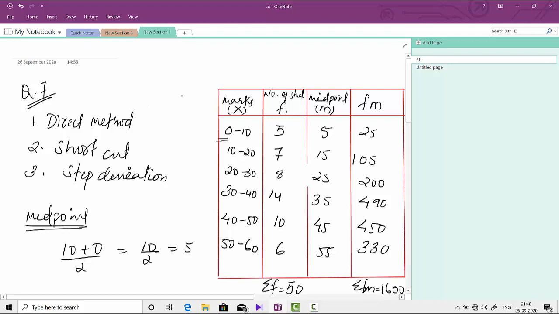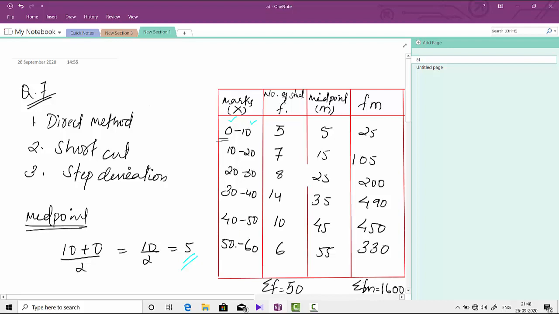The midpoint: this is the upper limit and this is the lower limit. So you add these two and divide by 2. See, I've already mentioned here, 10 plus 0 divided by 2 is equal to 10 by 2, which is equal to 5. So the midpoint is 5. Similarly, you have to calculate for all the class intervals.